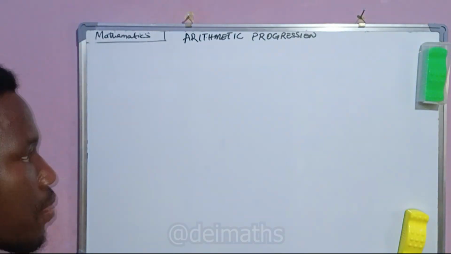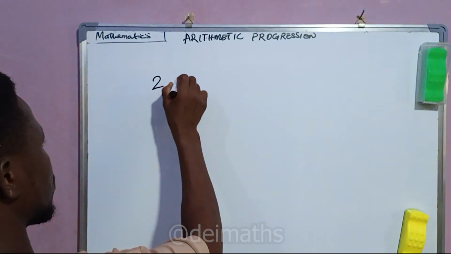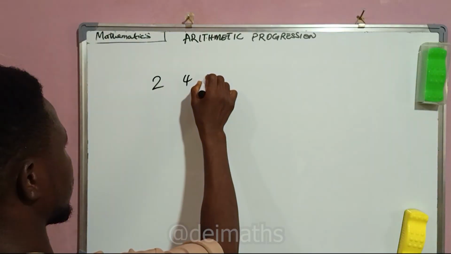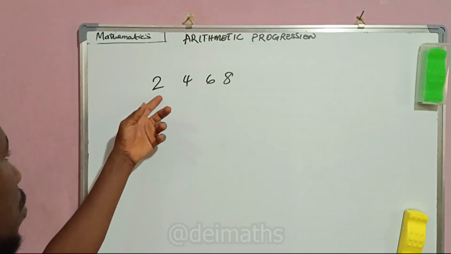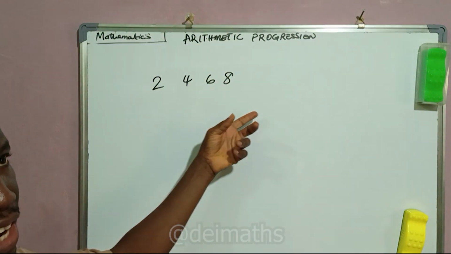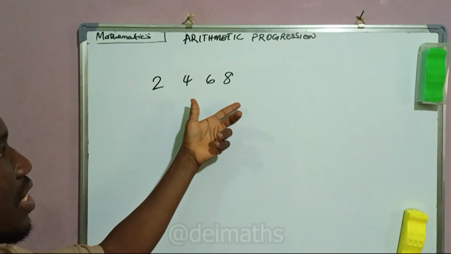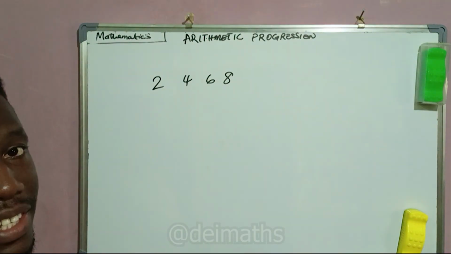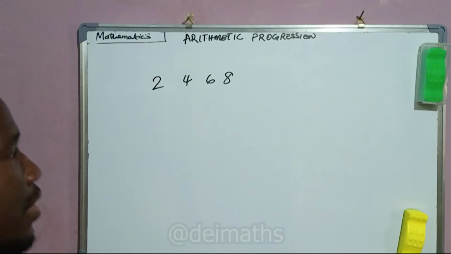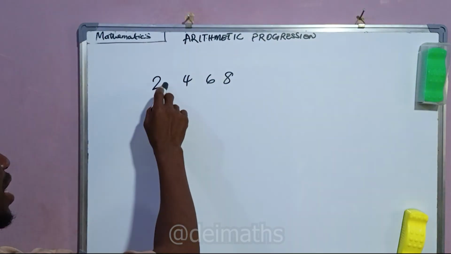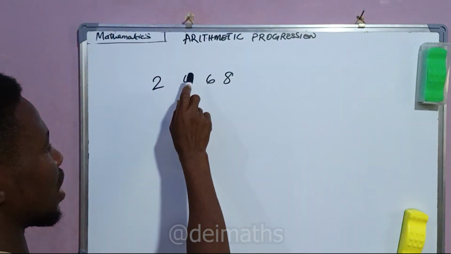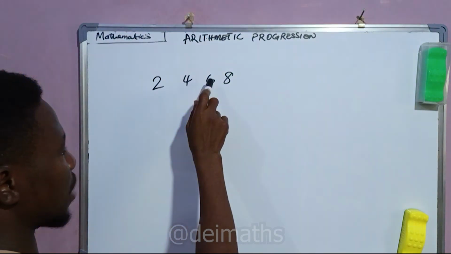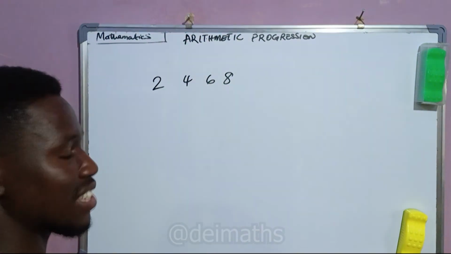For instance, if we have 2, 4, 6, 8, we call this a sequence, and we can call it an arithmetic progression or arithmetic sequence. Why? Because the number that you add here to get this is the same number you add here to get this, and the same number you add here to get this, till infinity.